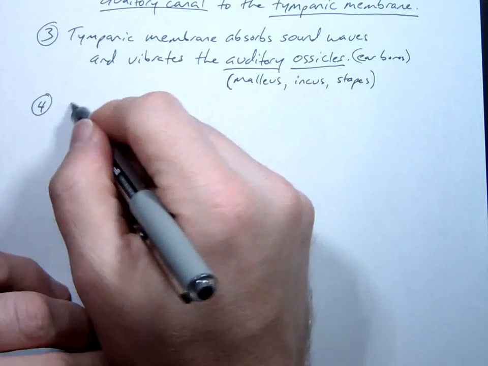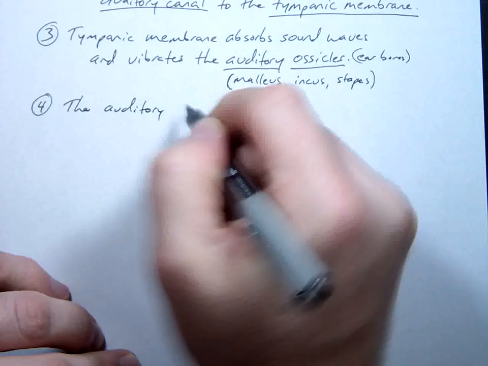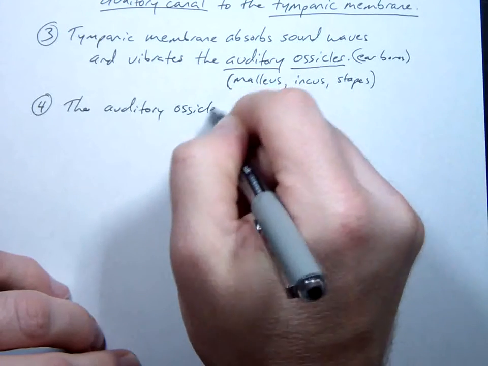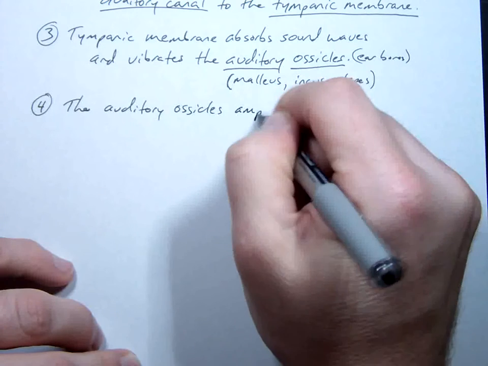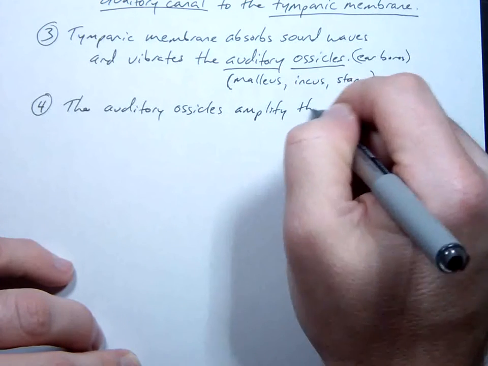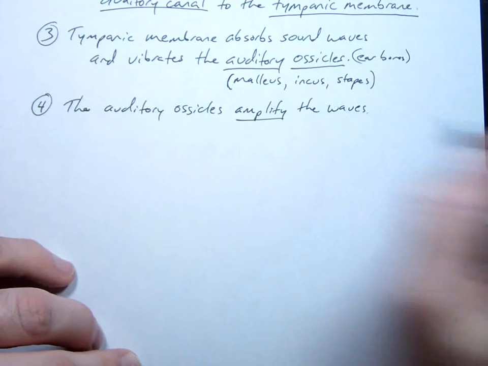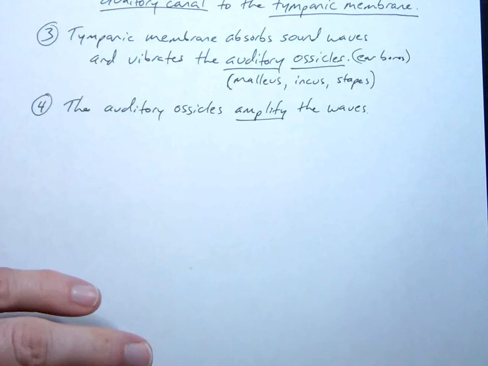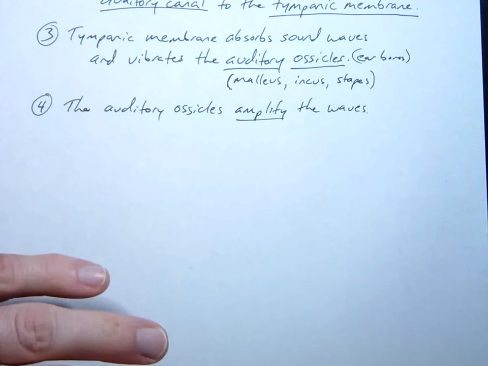Here's why. The auditory ossicles amplify the waves. The way the ear bones are set up, they take small waves and turn them into huge waves, waving back and forth a ton.